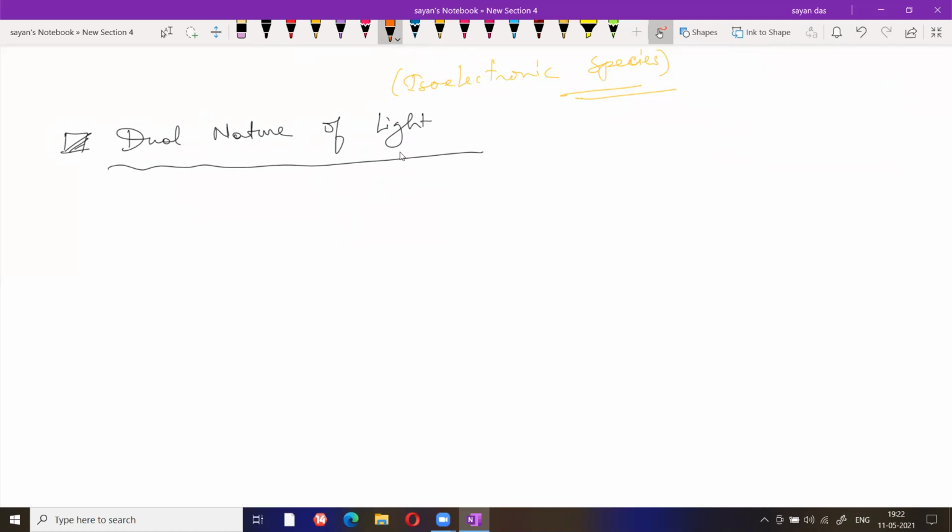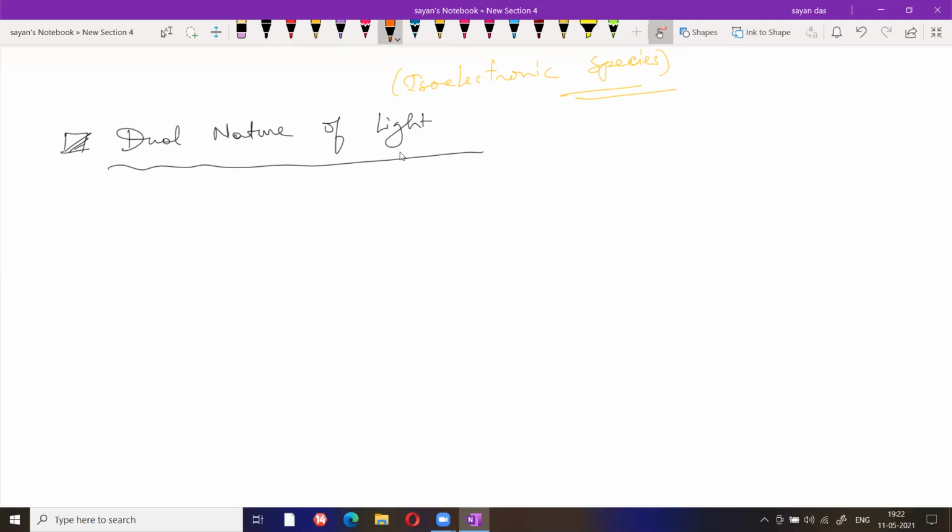Wave nature is continuous, and particle nature is discontinuous. So light can possess two types of nature.